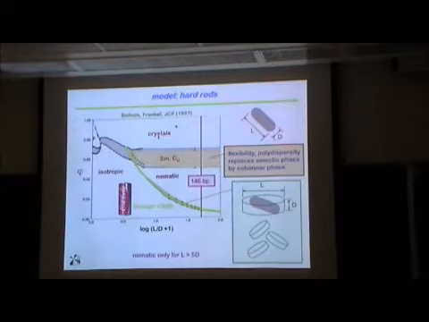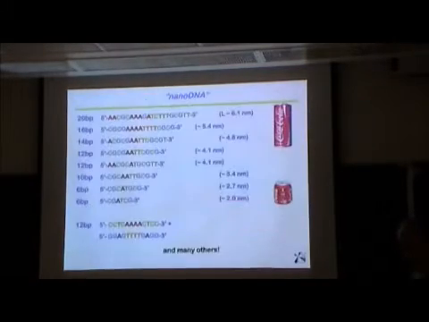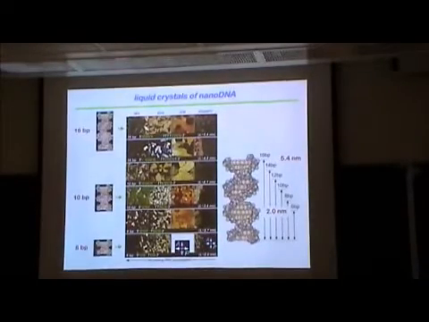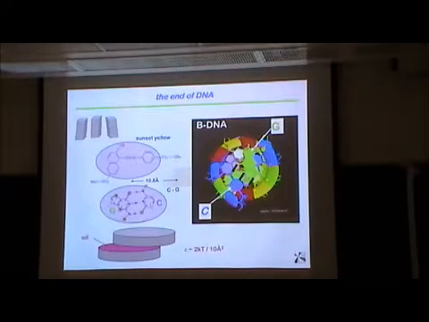But you'll see in a minute that this phase diagram doesn't work for DNA, because all these oligomers have crystal phases down where this excluded volume prediction says they would be isotropic.